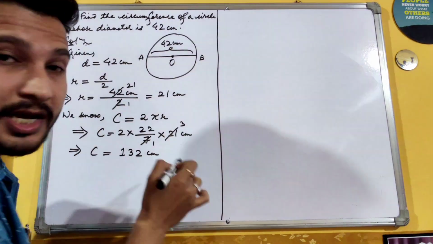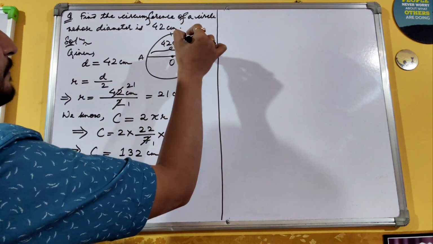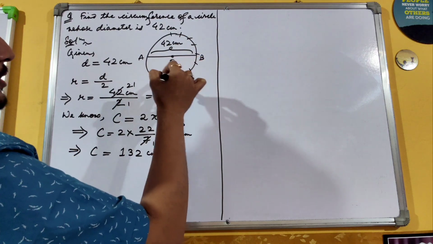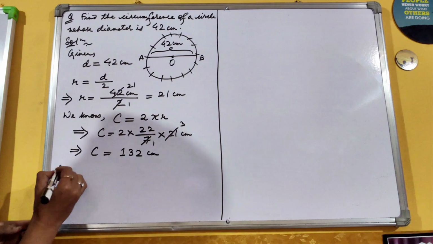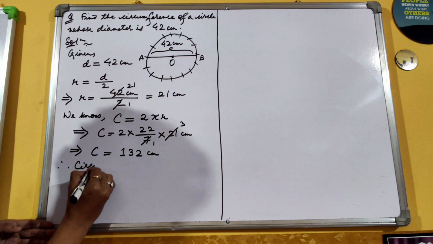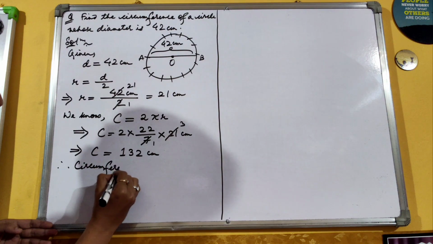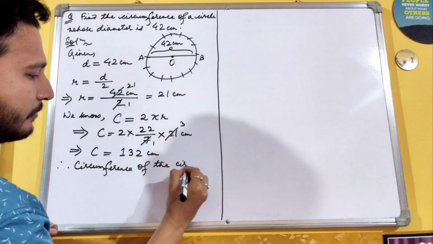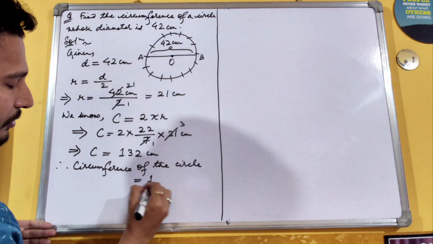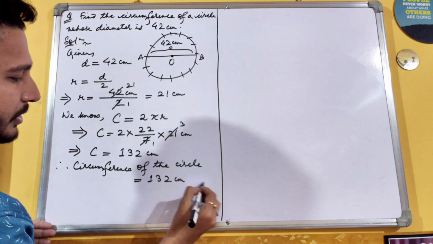This is the circumference, the boundary, as explained before. Therefore, circumference of the circle is equal to 132 centimeter.